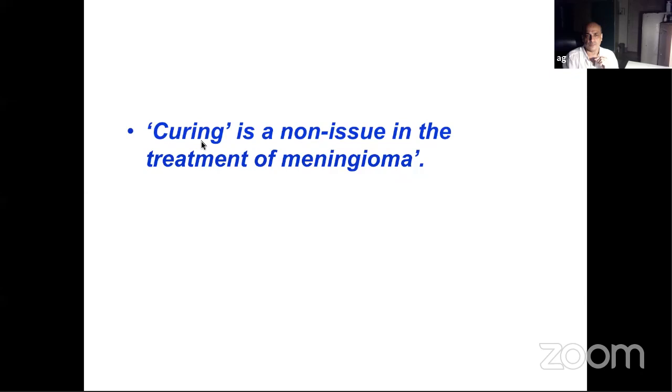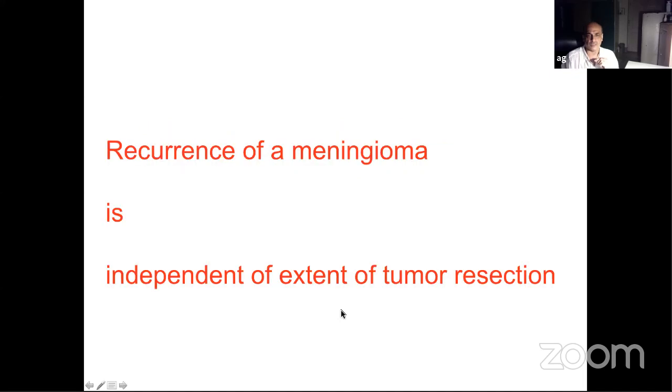Beautiful sentence I am giving to all the young people in particular. Recurrence of meningioma is independent of the extent of tumor resection. So if I leave some tumor behind, that is not a failure. Tumor will recur even if you have removed it completely. So this statement of mine is my gospel, that tumor will recur on the basis of its mitotic activity, and not on the basis of how much tumor you have resected.